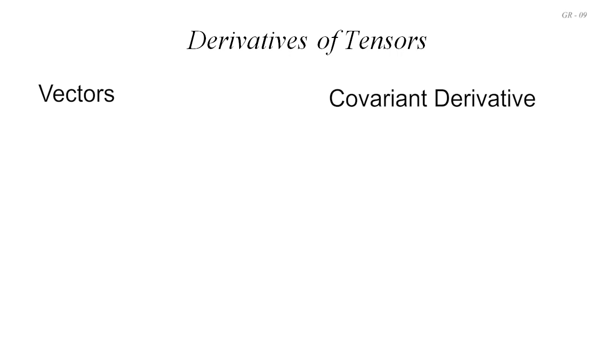We ended up with two expressions for the covariant derivative depending on whether we were dealing with contravariant components of a vector or covariant components of a vector.